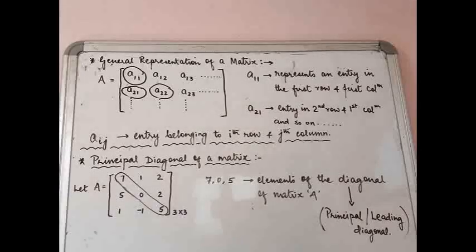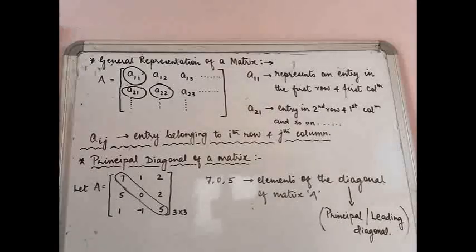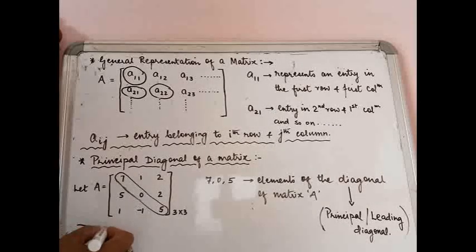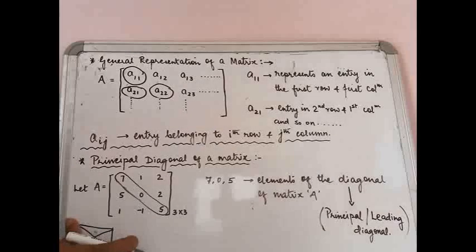The word diagonal, if you recall, if you have a rectangle, say for example, this is one diagonal and this is another diagonal. So there are two diagonals over here. Similarly, if you have a square, you will have one diagonal over here and a second diagonal over here.